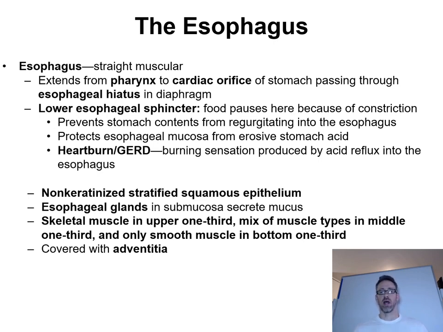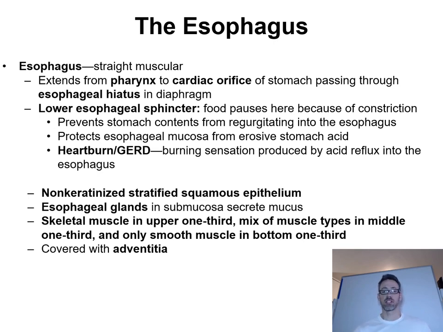And it would tend to want to do that because the esophagus, as it goes through the thoracic cavity, is affected by the negative pressures of the thoracic cavity, and so therefore it's a low pressure system and tends to draw fluids or acids into it. So that's when we talk about heartburn or gastroesophageal reflux disease, or GERD. That's that burning sensation people can get that's produced by acid reflux from the stomach into the esophagus.